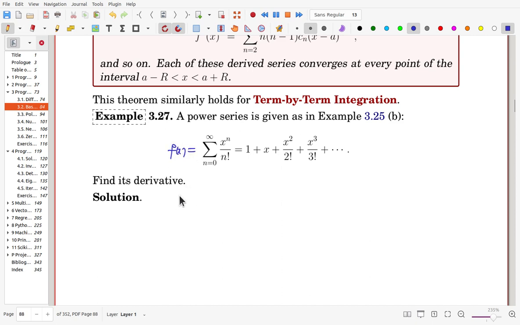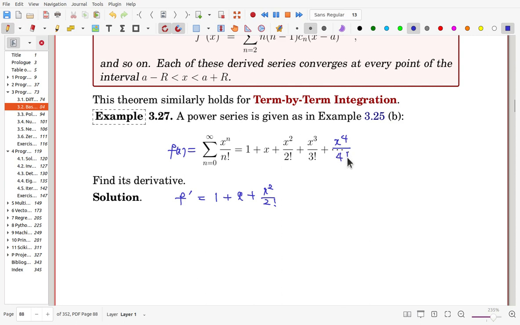Then f prime of x is the same as, okay, the derivative of 1 disappears, and with x, 2 will come out, so that will cancel along with this 2. So it is x. Plus, now 3 will come out, and 3 factorial will become 2 factorial, canceling 3, so x squared over 2 factorial. The next term will be x to the 4 over 4 factorial.